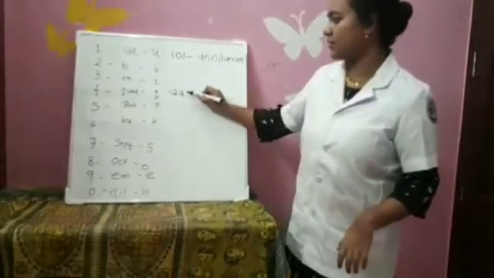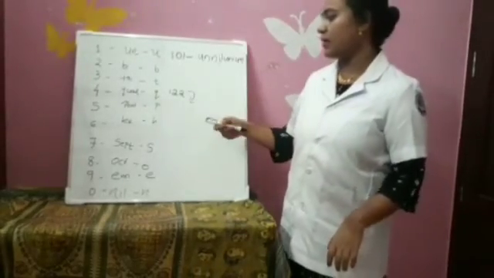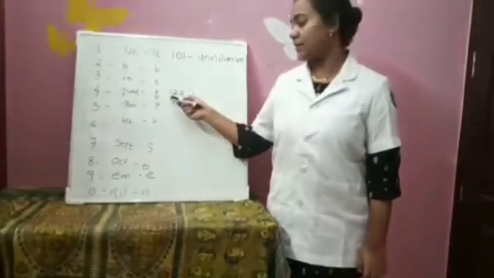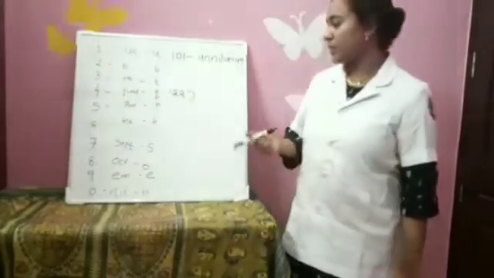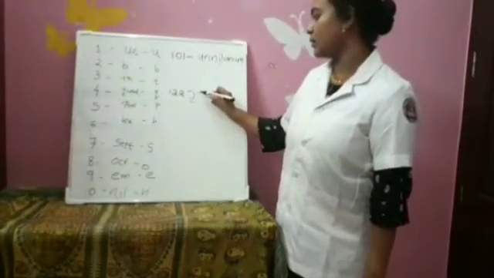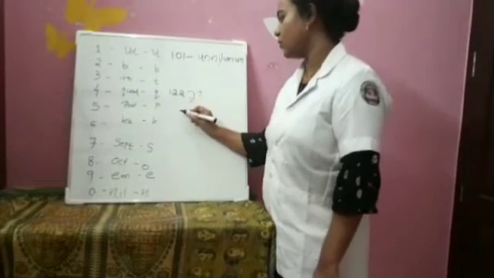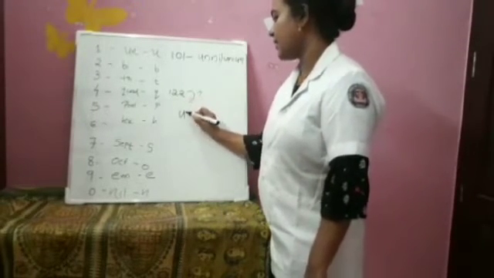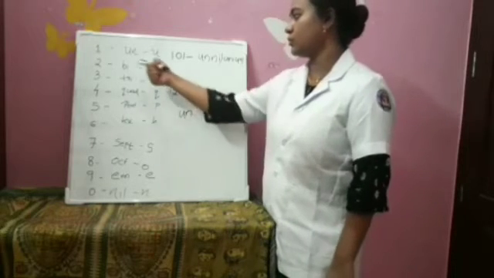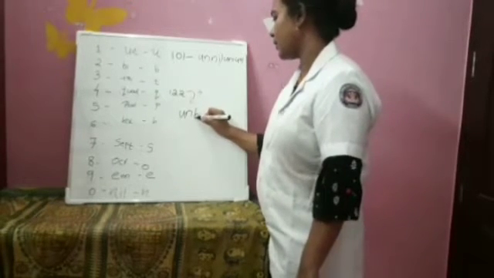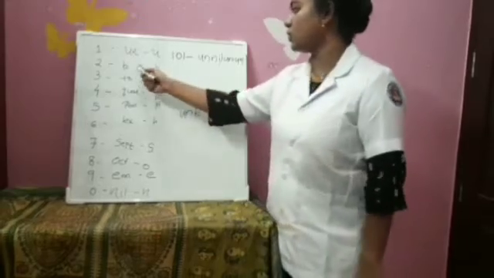Then let's check with this one. How can you write the name of this element having number 122? How can we write? Here again 1. For 1 we know that un. For 2 bi. So again 2 bi is here.